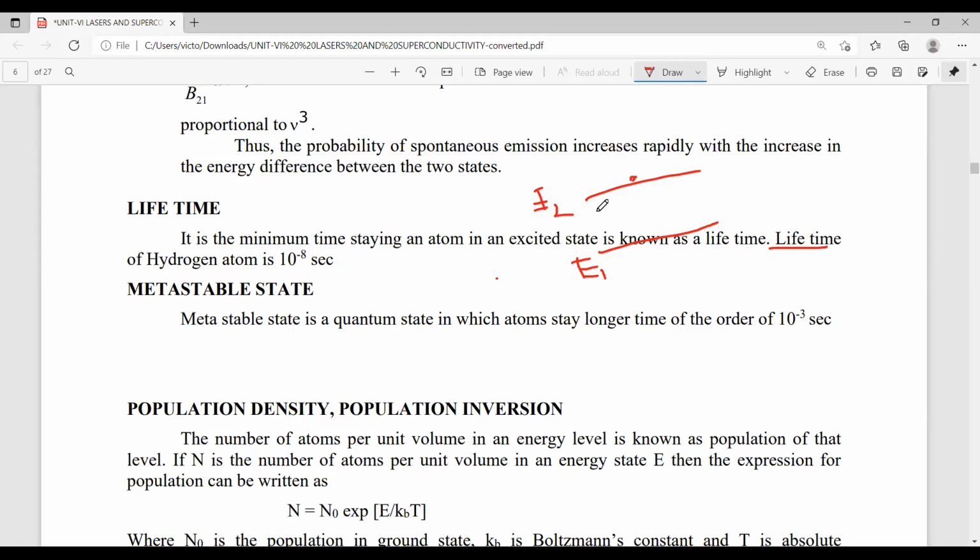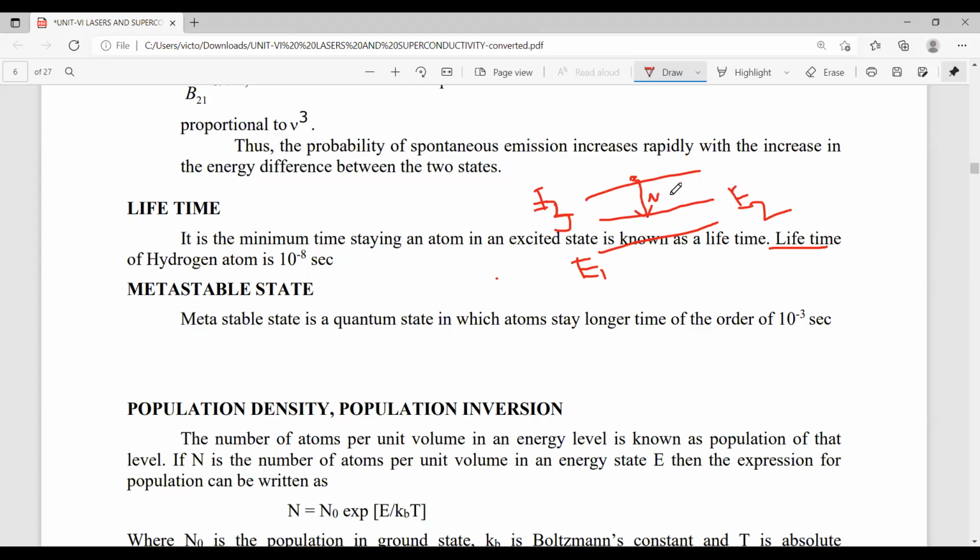So, if we take a three energy level system, this is E3 and this is the E2 energy level. Now, the lifetime of the atom present at E3 is very small. Then spontaneous emission takes place.